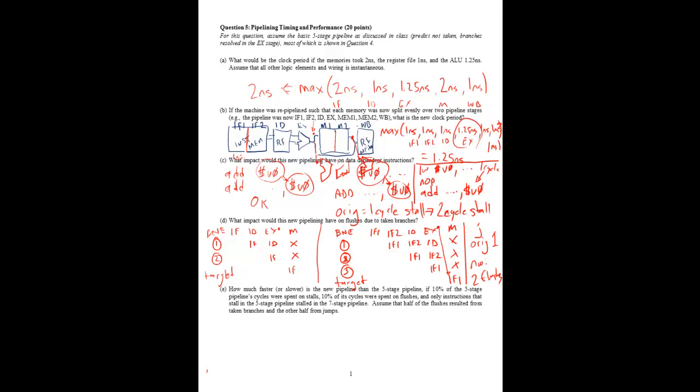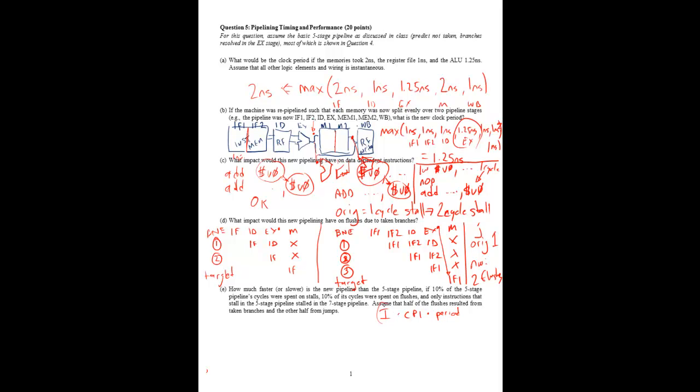So the final part of this question says, how much faster or slower is the new pipeline than the 5-stage pipeline? And so there's 2 components to the speed of running a program. Recall, we have the number of instructions times the CPI times the clock period.